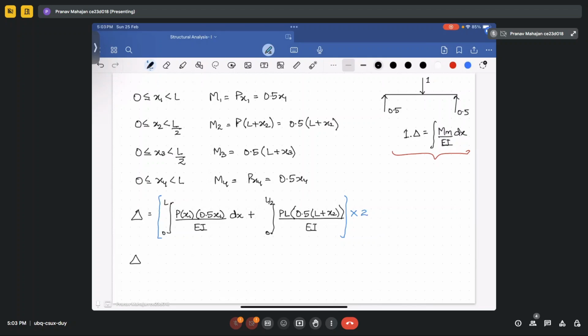Okay. So your delta at mid will be equal to P upon 2 EI into h1 cube upon 3, 0 to L, plus P upon 4 EI into L h2 plus h2 square upon 2. This will be 0 to L by 2 and the whole will be twice.